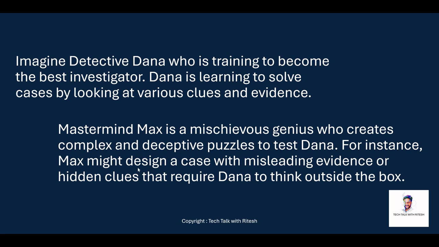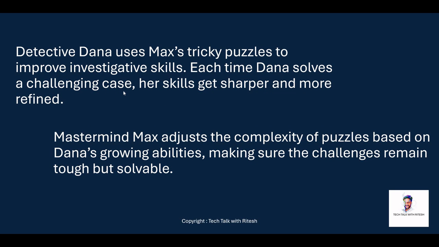For instance, Max might design a case with misleading evidence or hidden clues that require Dana to think outside the box. Now Detective Dana uses Max's tricky puzzles to improve her investigation skills. Each time Dana solves a challenging case, her skills get sharper and more refined. Mastermind Max adjusts the complexity of puzzles based on Dana's growing abilities, making sure the challenges remain tough but solvable.